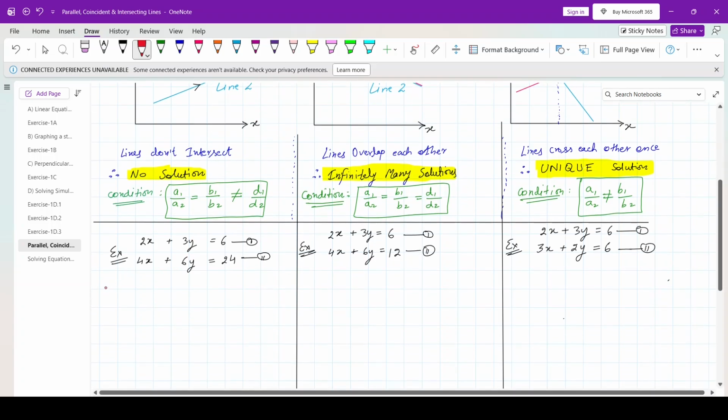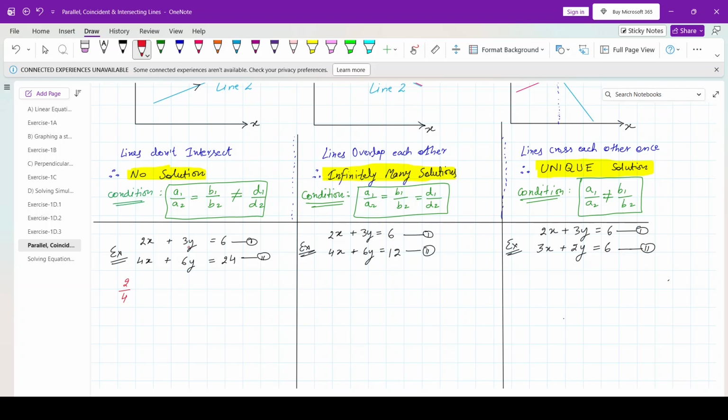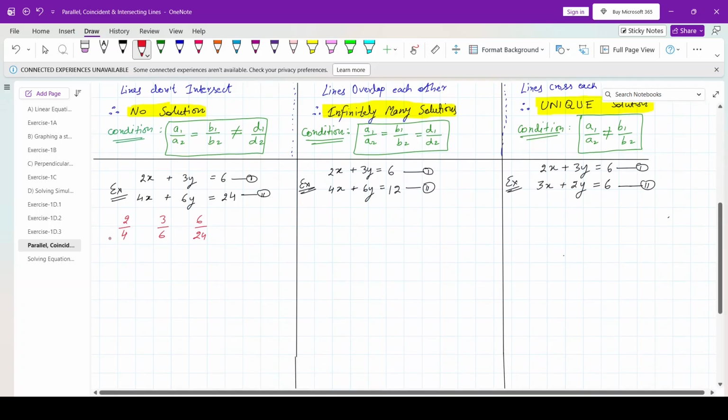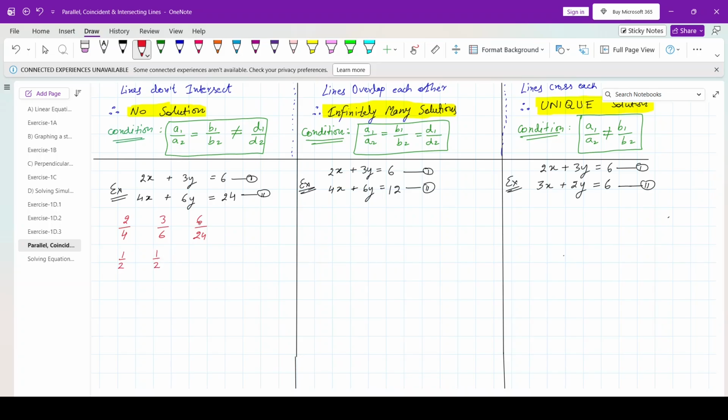If we check our condition, a1 by a2 is 2 by 4, b1 by b2 is 3 by 6, and d1 by d2 is 6 by 24. If we simplify them, this becomes 1 by 2, this becomes 1 by 2, and this becomes 1 by 4.